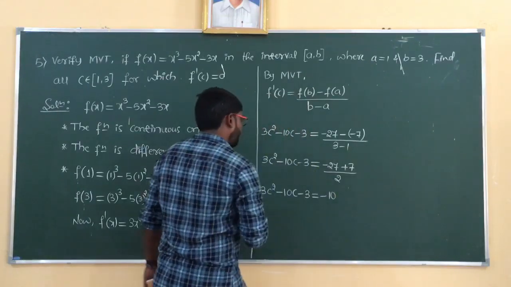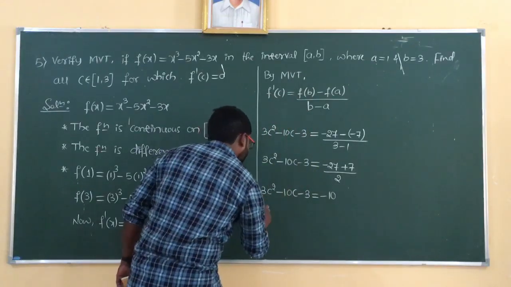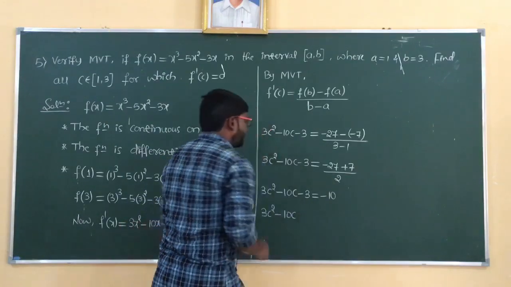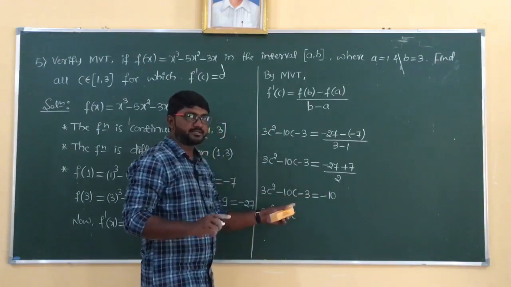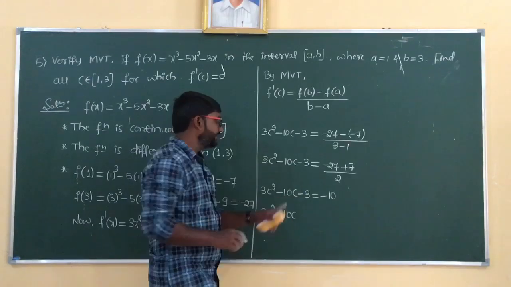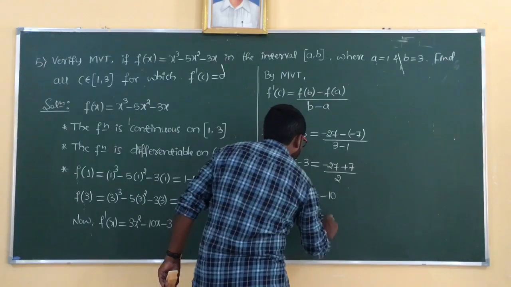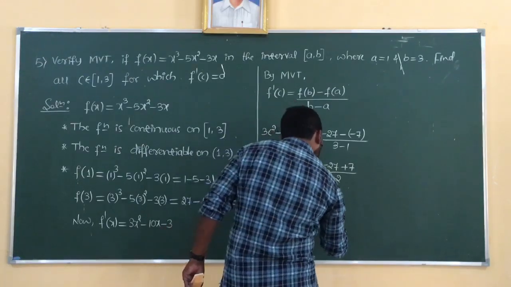Now take minus 10 to the LHS, it becomes plus 10. 10 minus 3 will be 7, so we get 3c square minus 10c plus 7 equal to 0.